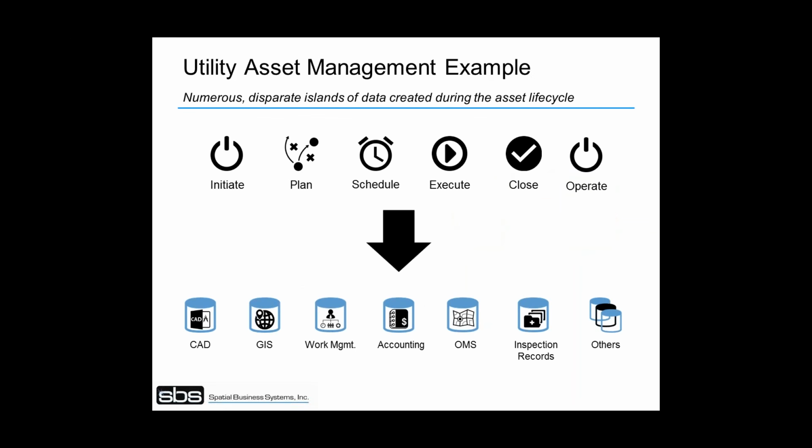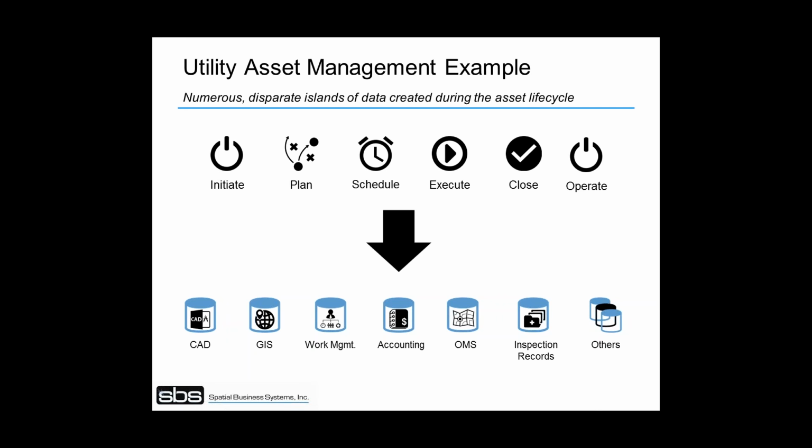If you were a utility and you were putting in new assets, new infrastructure, and this could be a transportation company or a telecommunications company, you typically go through a process of initiating this new asset, planning and designing it, scheduling it, installing it, and ultimately moving it into your accounting system and then operating it throughout its life cycle.